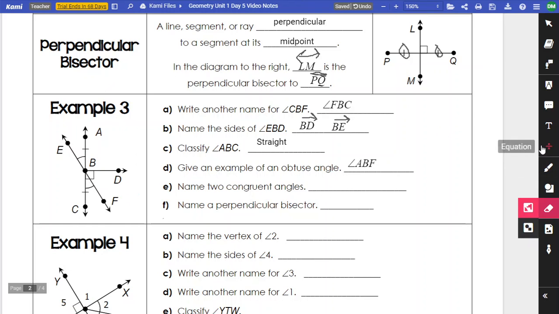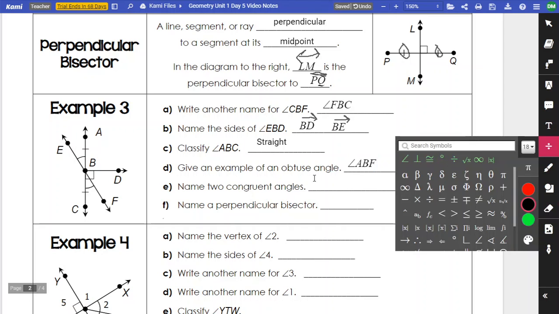So let's name those angles. The first one we've got is EBA, and we can say that that is congruent to angle CBF. Those are actually also what's known as vertical angles, which we'll hit in a couple days.